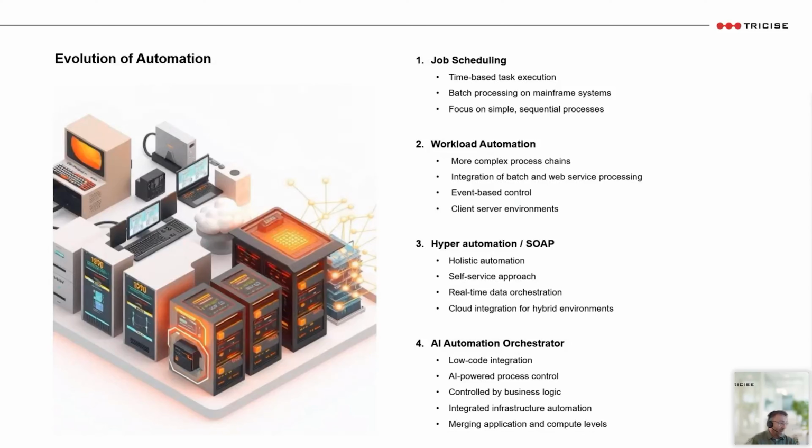And number 4, which is currently coming, is artificial automation orchestration. What does it mean? Customers are asking for low-code integration. Not all of them, but some of them are asking for AI-powered process control.